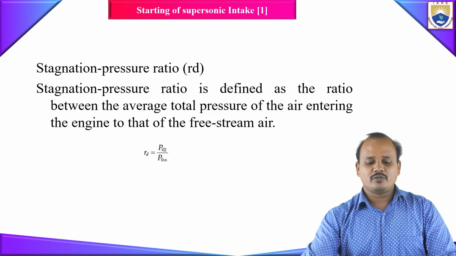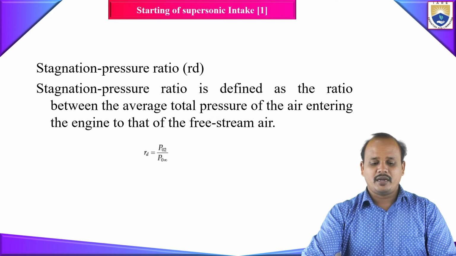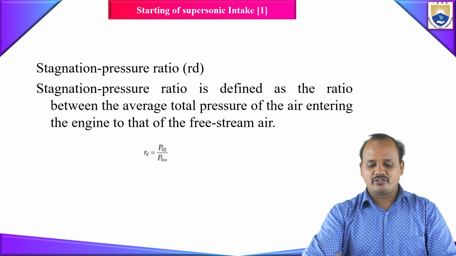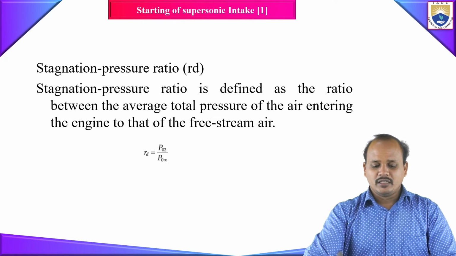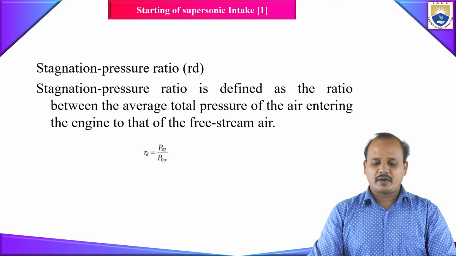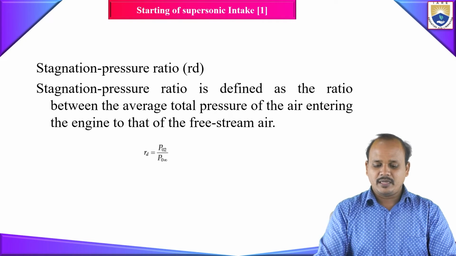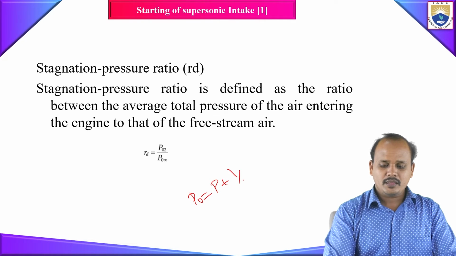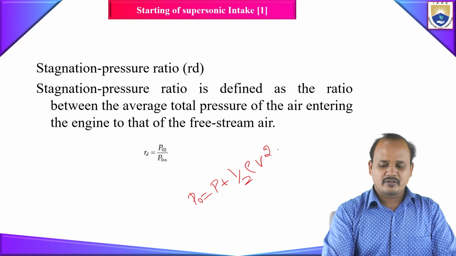So the next performance parameter for both your subsonic and supersonic intake is the pressure recovery factor, or the stagnation pressure ratio. Okay, so what is this pressure recovery factor? Take Bernoulli's equation: P naught is equal to P plus half rho V square.